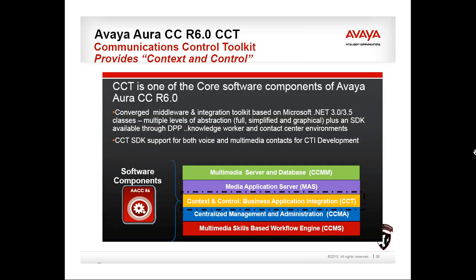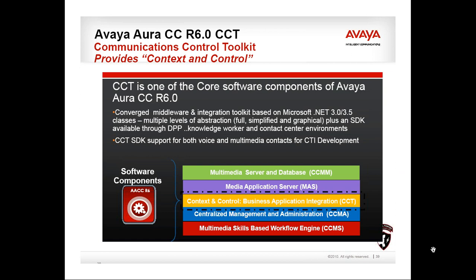CCT is a converged middleware and integration toolkit. It's based on Microsoft .NET 3.0, 3.5, and also has an SDK, so if you need to customize your CCT, you can do that as well. So if you're doing screen pops, digging into databases, popping real-time agent data, CCT does that.